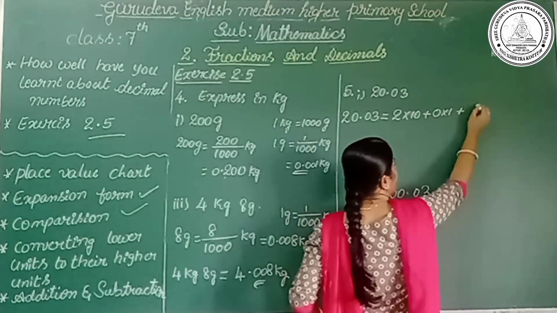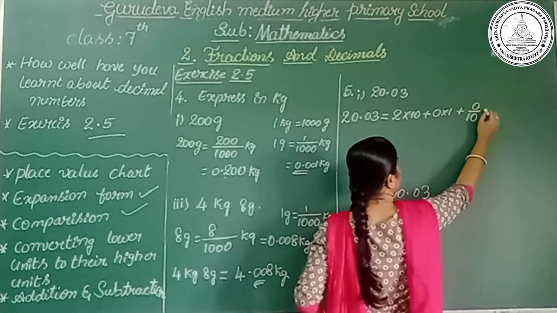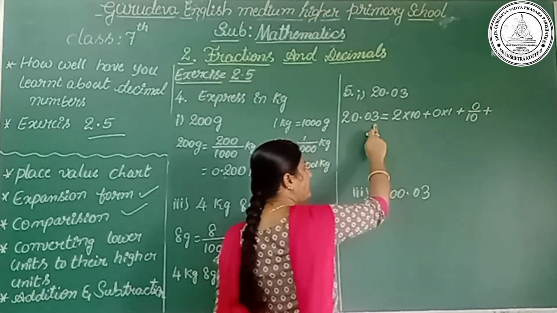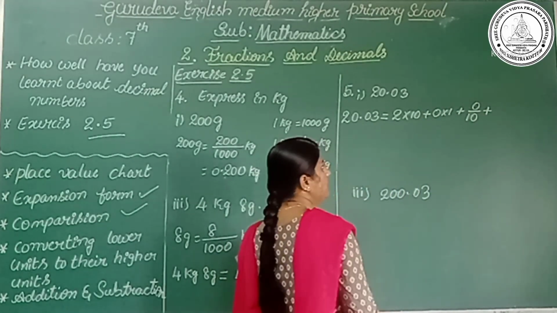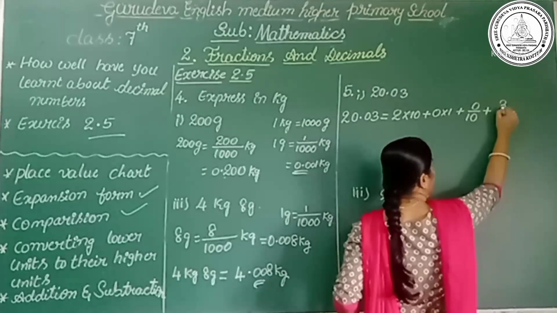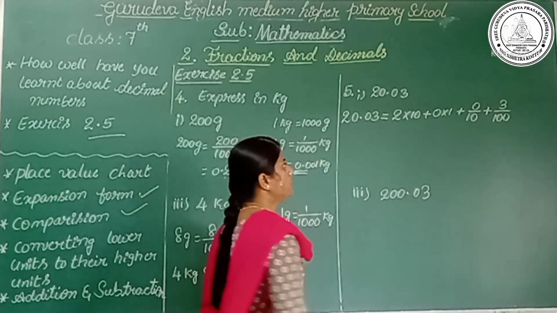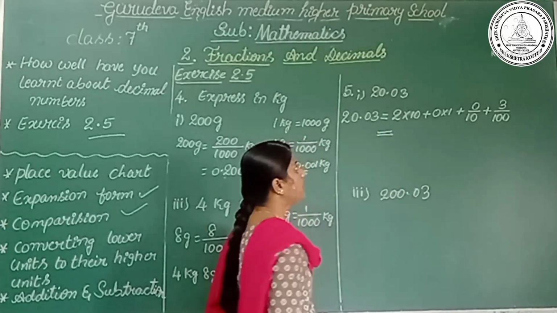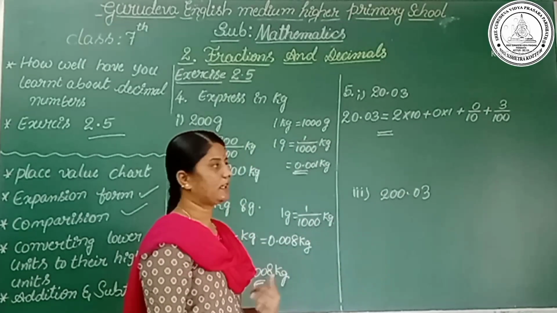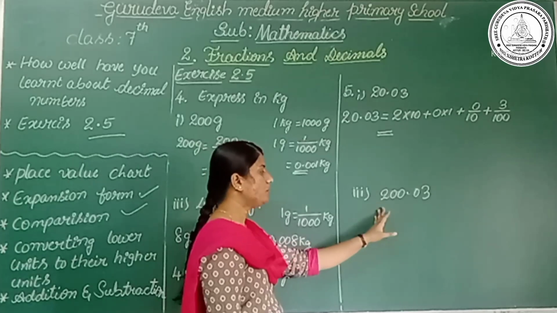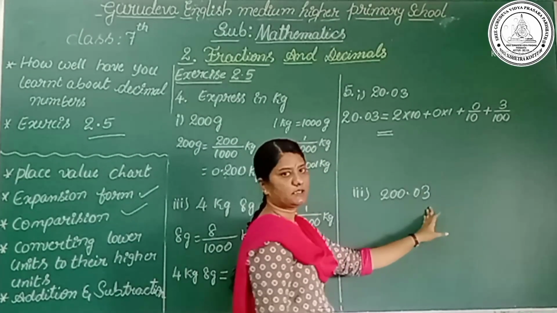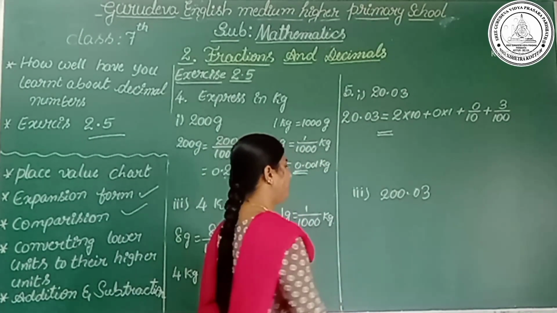So write it as 0 by tens, plus in the hundredths place there is a 3. So write it as 3 by hundreds. Okay, so that is the expanded form of 20.03. Then the third one is 200.03. So write the expanded form of this number.